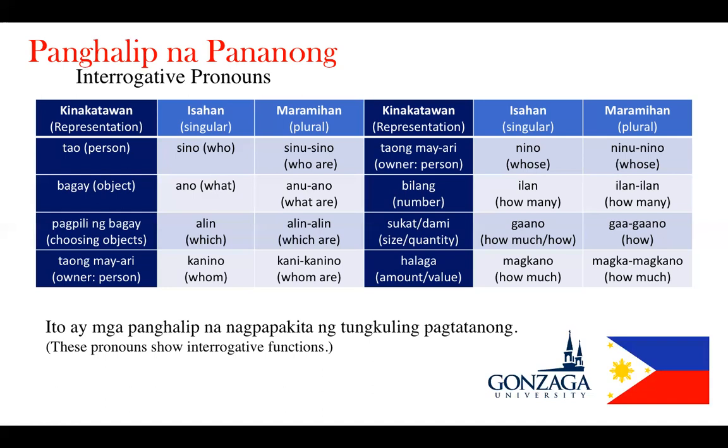But if it's how many, Michelle, ilan ang $5 bills na nasa pitaka mo? Pitaka means wallet. So I'm talking about the number of $5 bills in your wallet. You don't have to tell us. So that's how you use ilan and ilan.